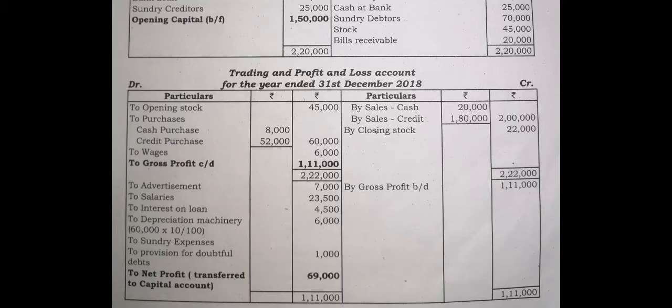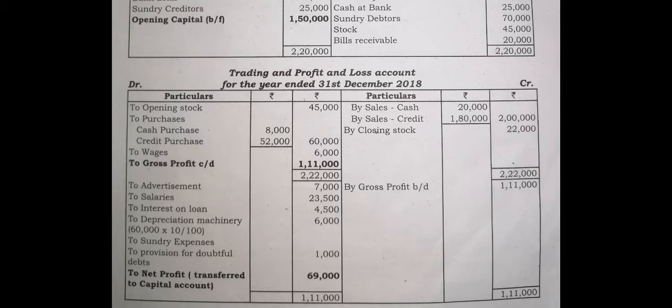The same gross profit is credited to the P&L account. Now if you add all these, advertisement 7, 23.5, 4.5, 6 and 1,000, and subtract that total from 1,11,000, you will get 69,000 as net profit, the balance figure.